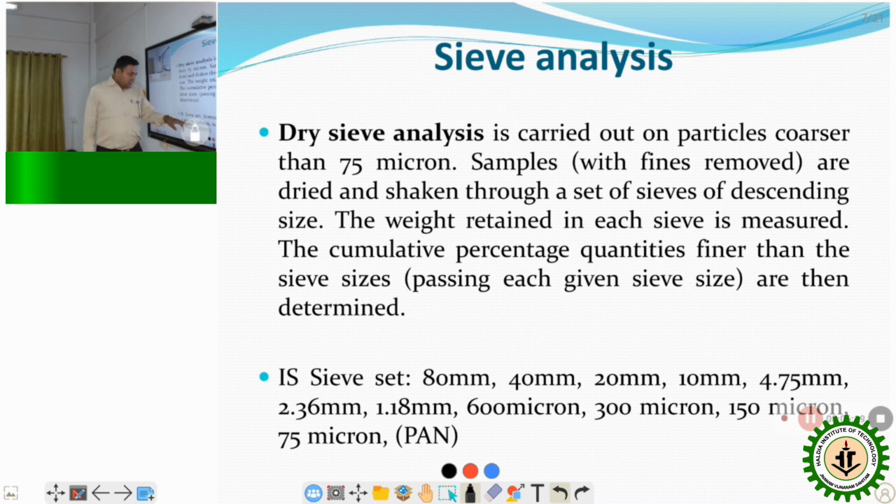And the last is the pan, which is actually a collection pot, means the soil mass that passes through 75 micron will be collected in the pan.